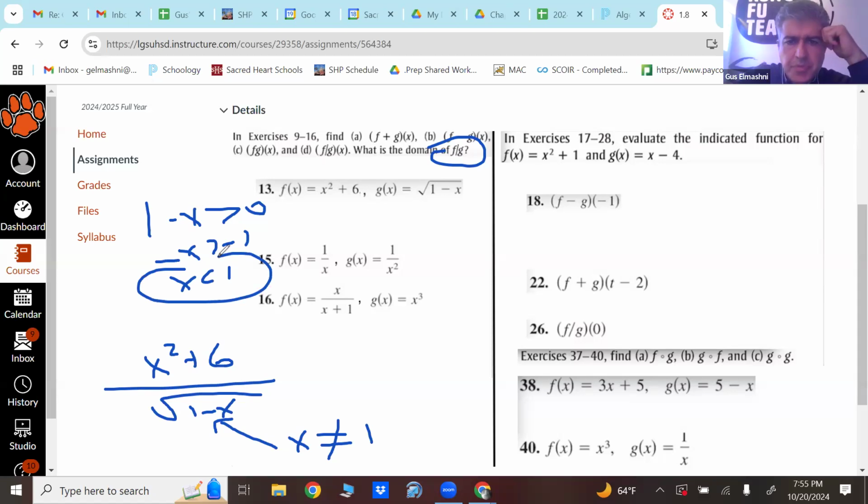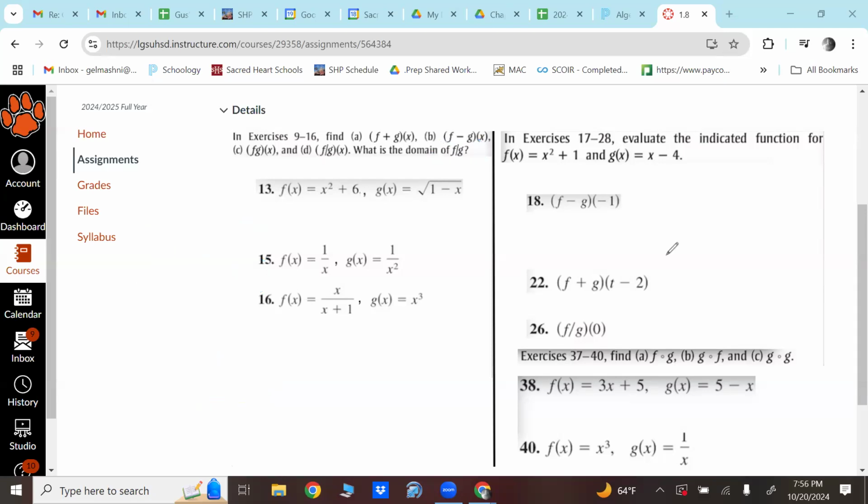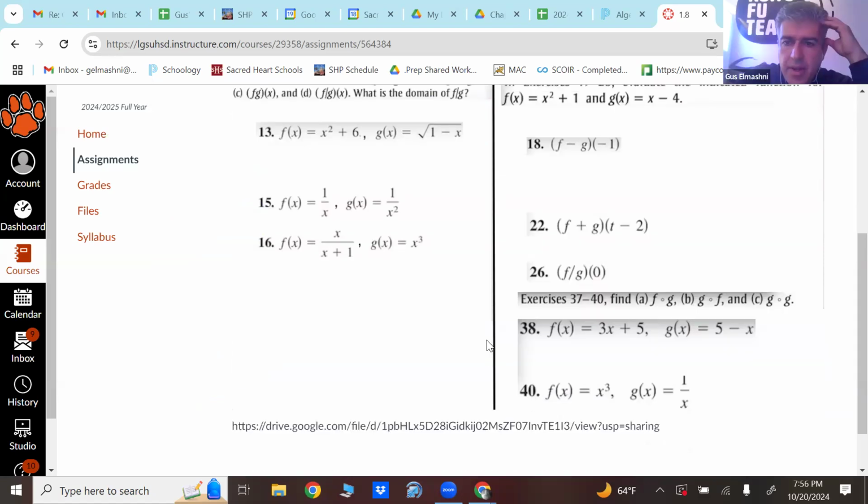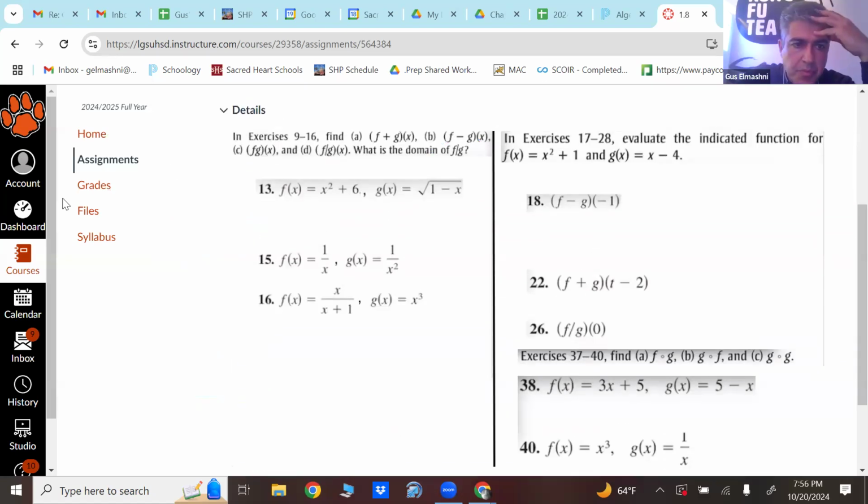You're good. Here, you plug in -1 to both f and g separately, and then subtract. If I do that, I get 2 and -5. And if I subtract, I get 7. That simple.